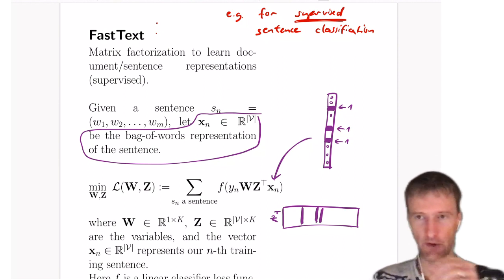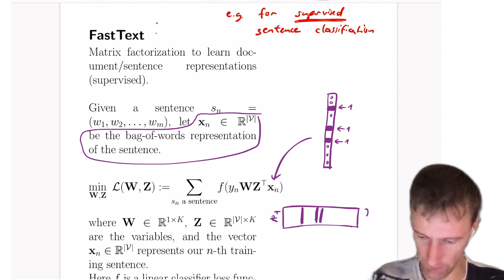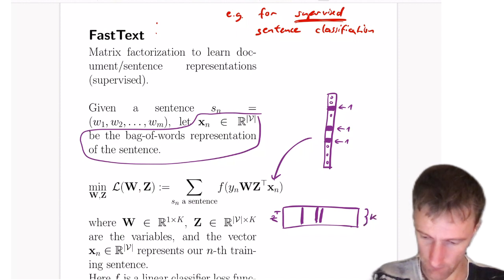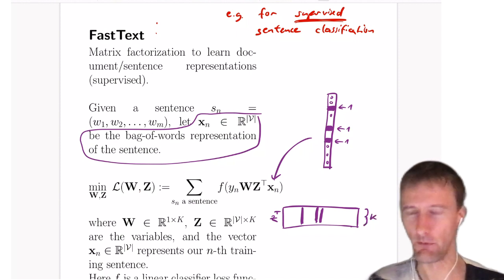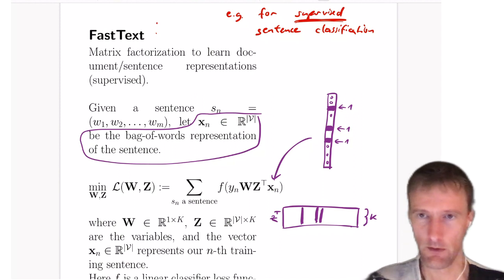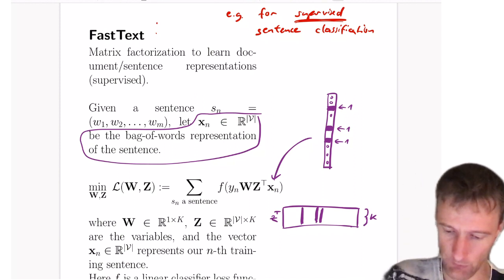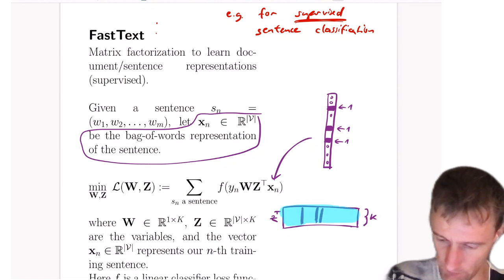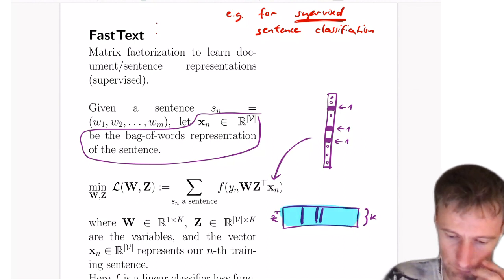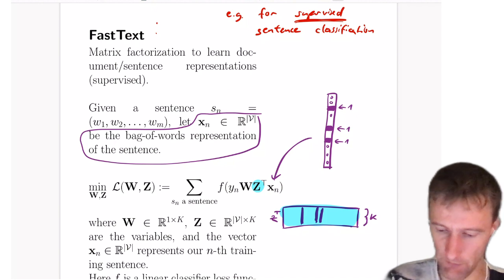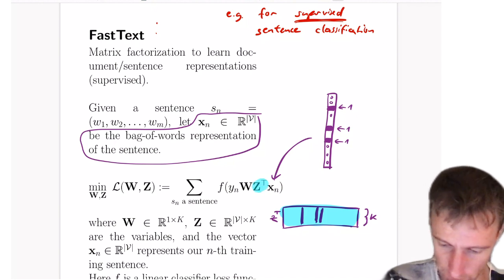So this Z matrix contains the word vectors. It has k rows, and it's like storing the word vectors as we had before. It just looks a bit different than you saw it last time. So this is the Z transpose matrix.